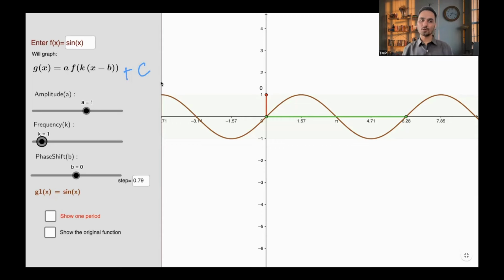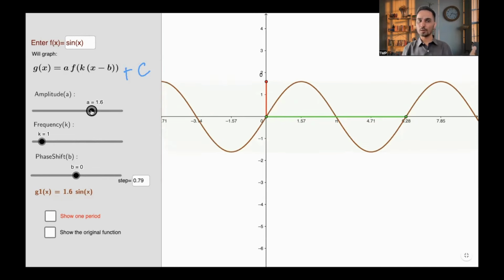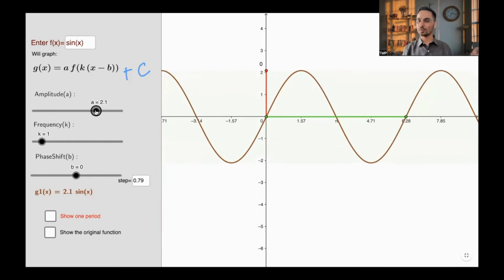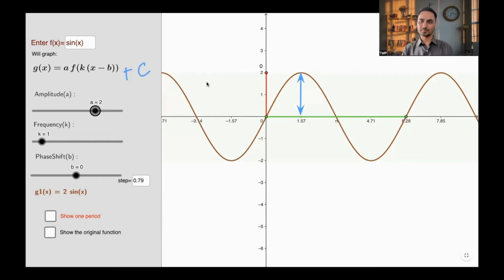First, let's talk about the amplitude, how it affects the graph of y = sin x. Here, I have set amplitude as 1, but if we change this amplitude to 1.6, 1.7, 1.8, 2, what do we observe here?